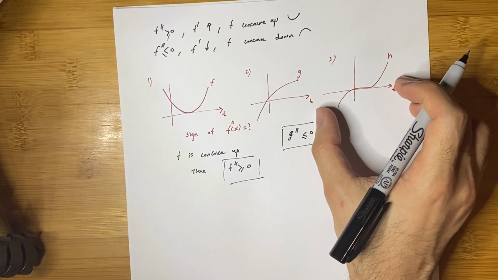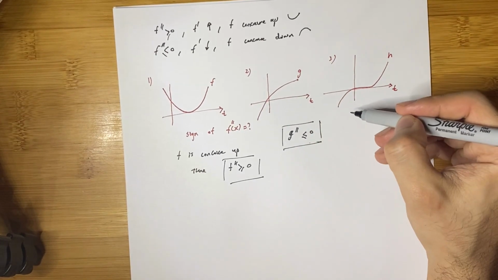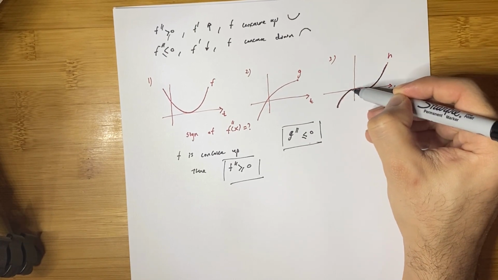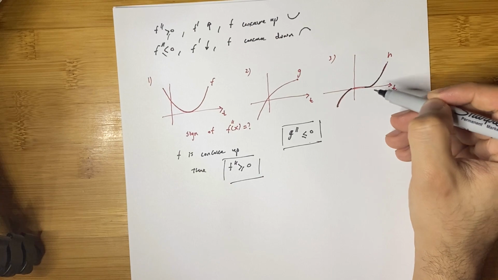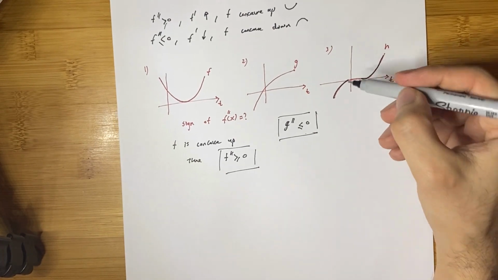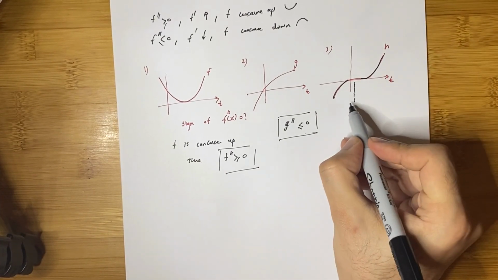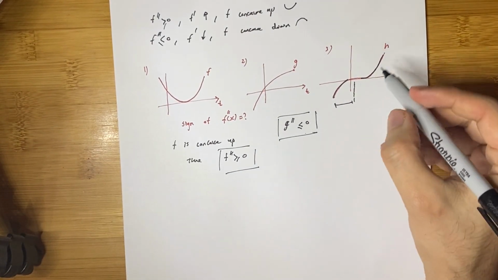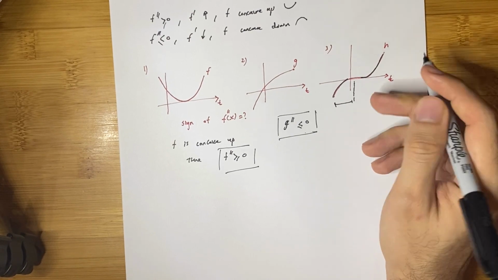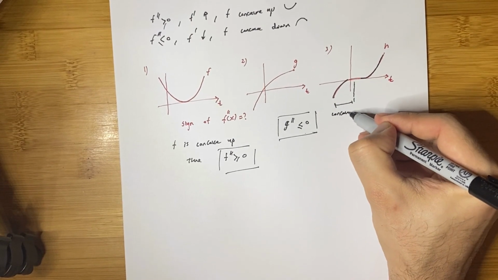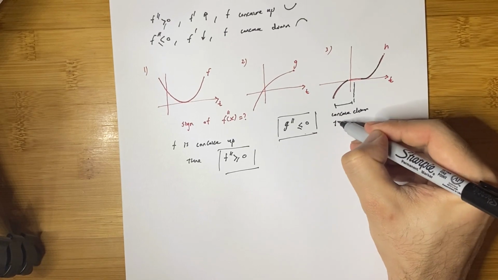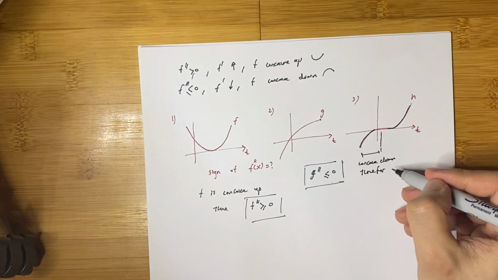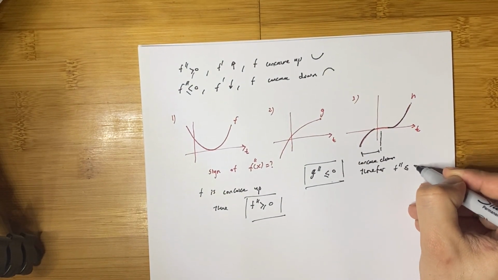And for this one, what we can see is we have this function concave up, and then we have this function concave down. So from here, the function is said to be concave down. Therefore, when it's concave down, the second derivative is less than or equal to 0.